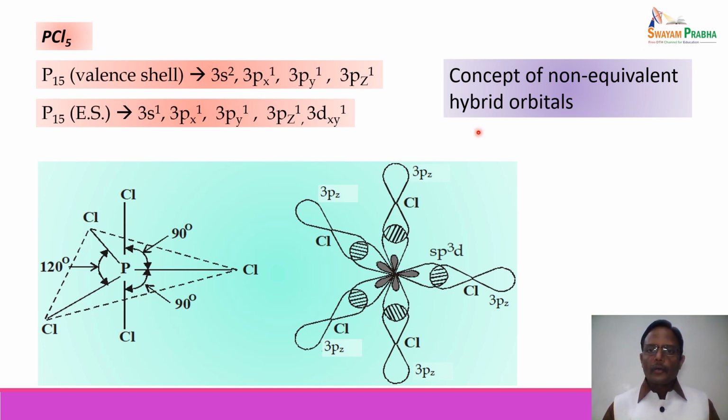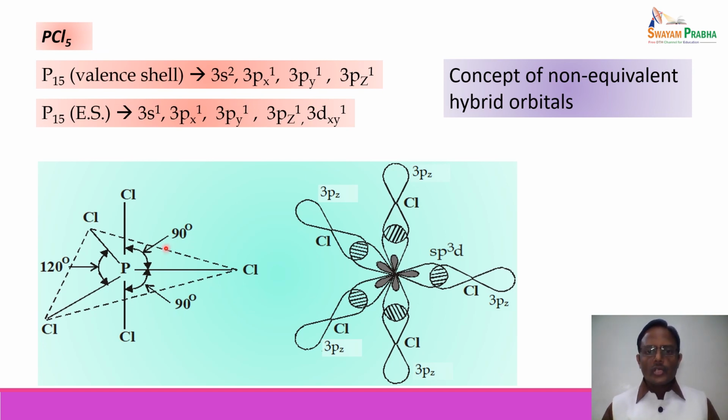Now there is an important concept of non-equivalent hybrid orbitals. If we see that the planar orbitals are exactly at 120, 120, 120 degrees, they are equivalent, but the axial orbitals are not equivalent to the planar or equatorial orbitals. So in case of trigonal bipyramidal geometry, we have 2 different types of hybrid orbitals.